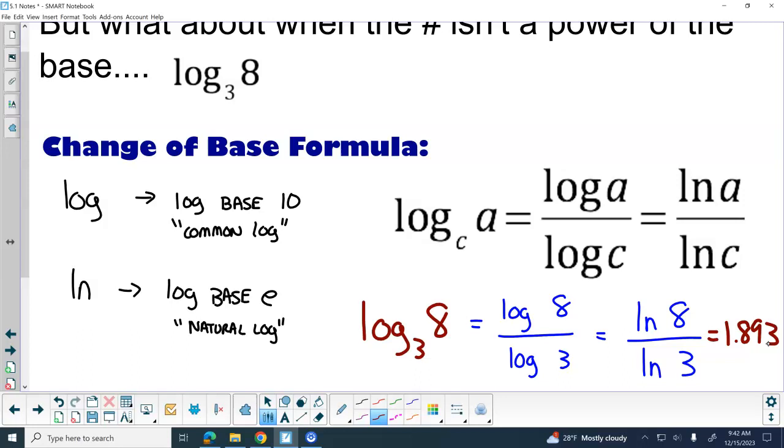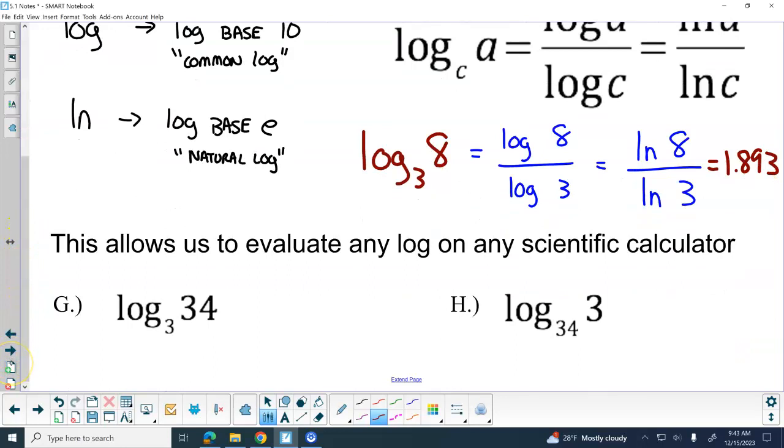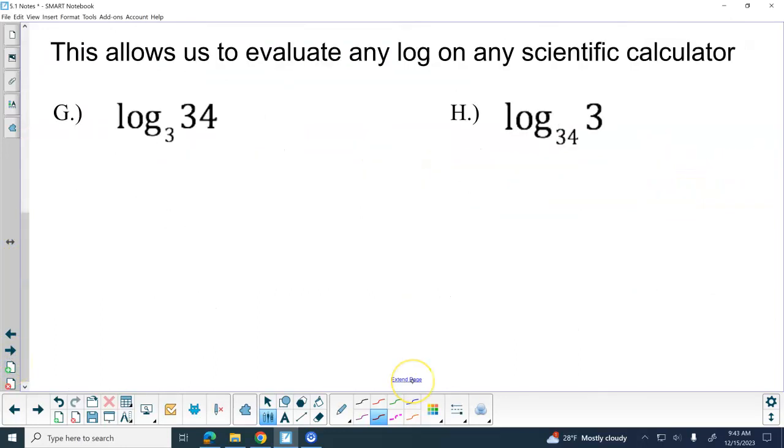As long as you have your calculators out, why don't you calculate for me log base 3 of 34 and log base 34 of 3. So here you should have gotten approximately 3.209831677, which we will say is 3.210.